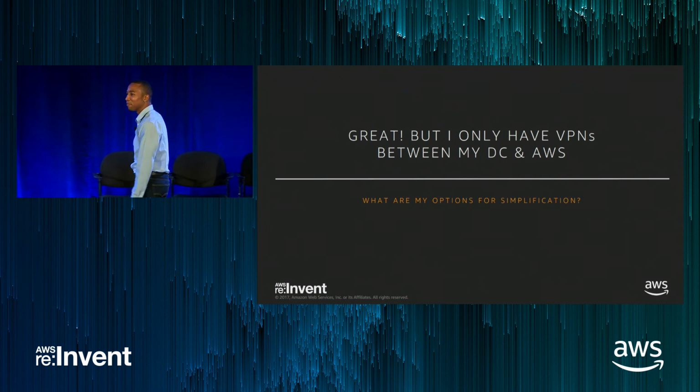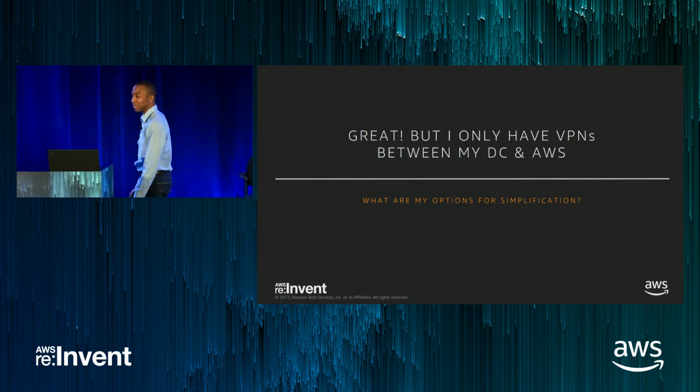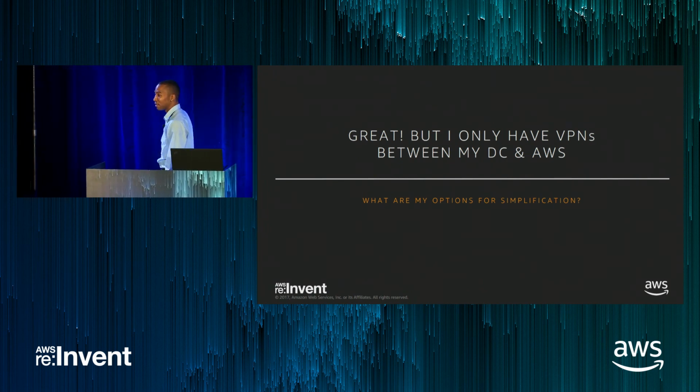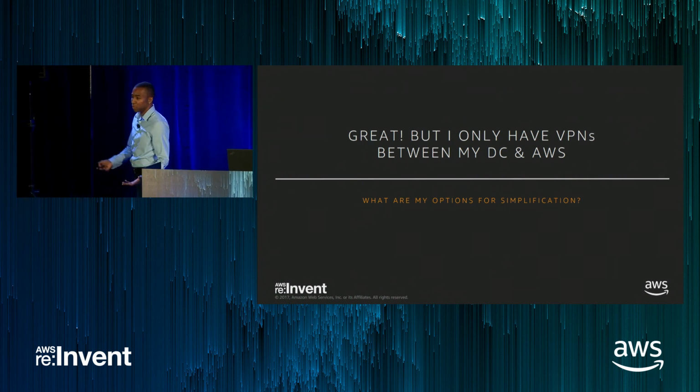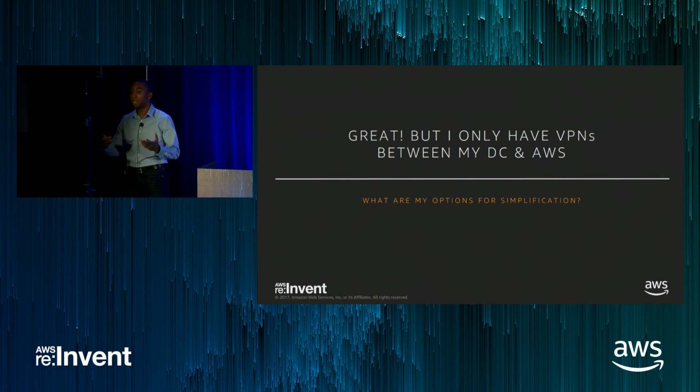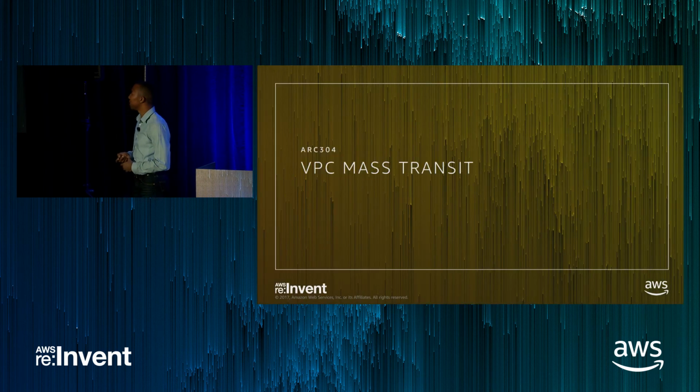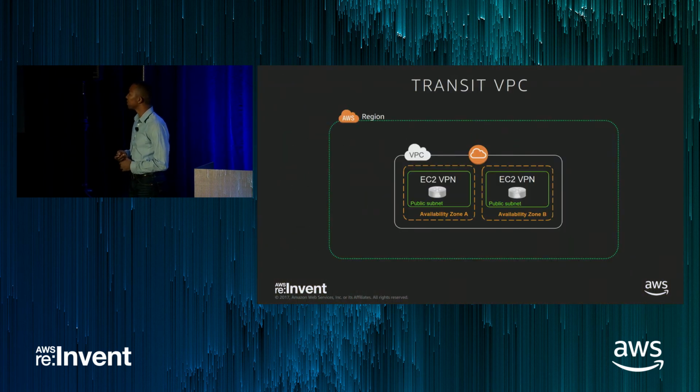What if you only have IPsec tunnels? You don't have Direct Connect Gateway as yet. Then you would have to go the traditional way of connecting these things via a transit VPC environment.